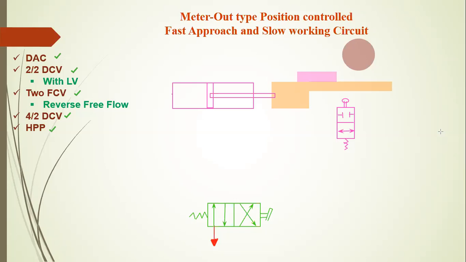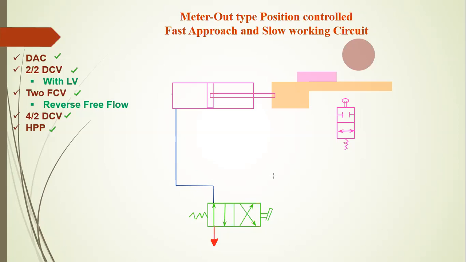Then we attach the two FCVs. Before attaching the two FCVs to the 2 by 2 direction control valve, let's connect all the hydraulic components with hydraulic lines, and in between attach the two FCVs. Since this is the meter out type of circuit, the extension side is attached directly to the 4 by 2 direction control valve.